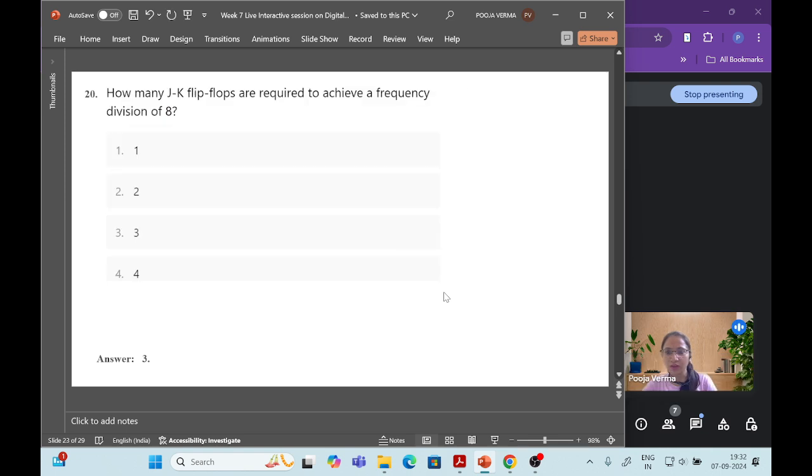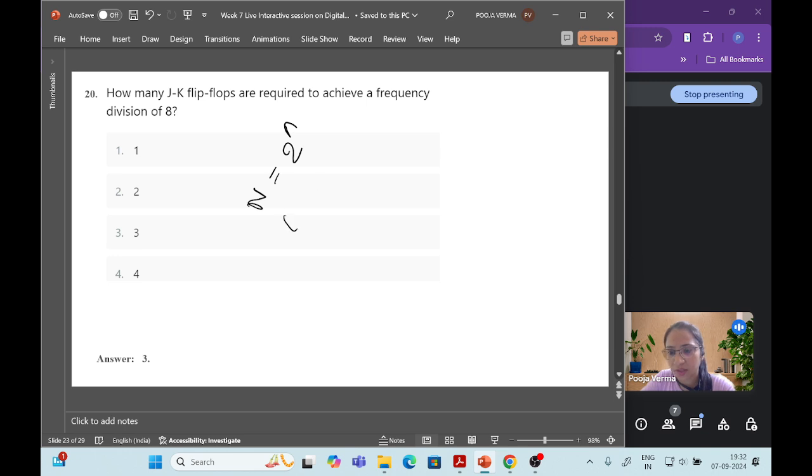Okay, so moving to the next question. How many JK flip-flops are required to achieve a frequency division of 8? So already we know that the number of states for a mod n counter is 2 to the power n, where n is the number of flip-flops.